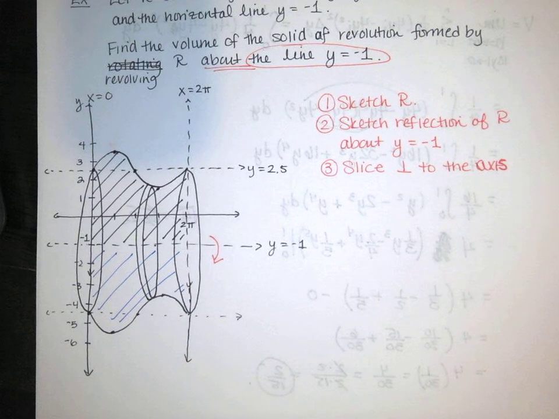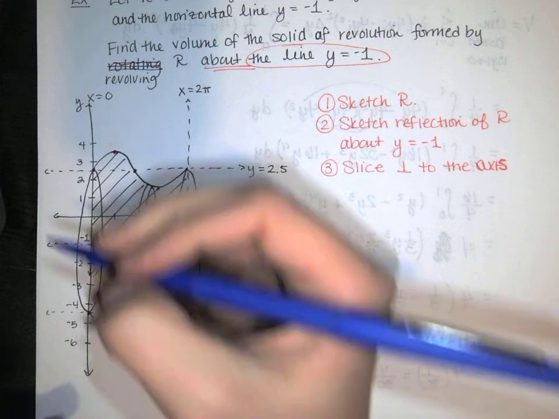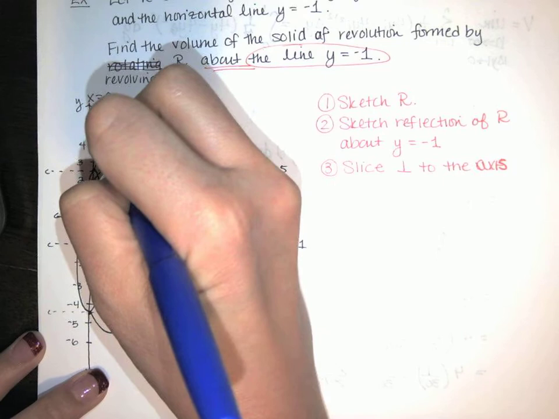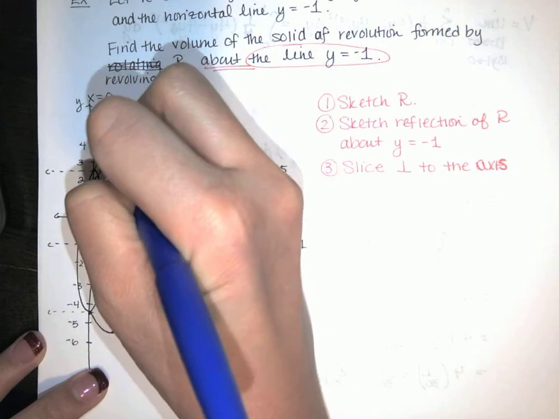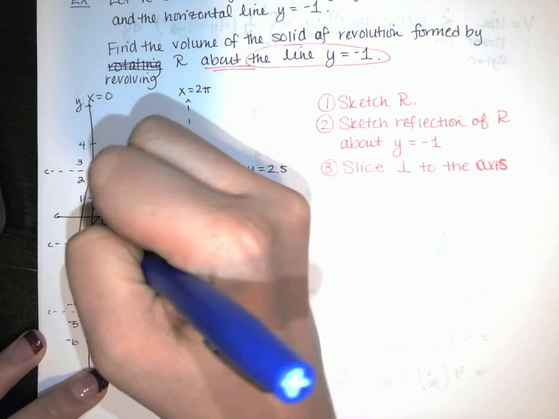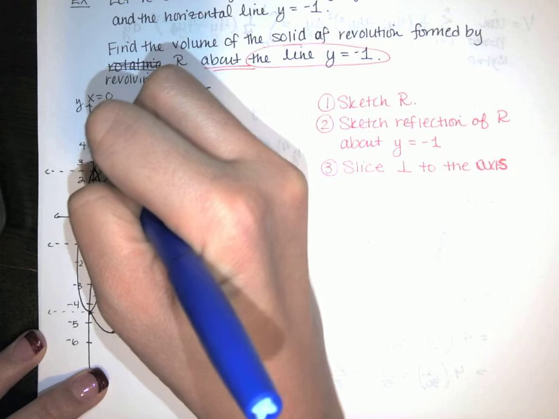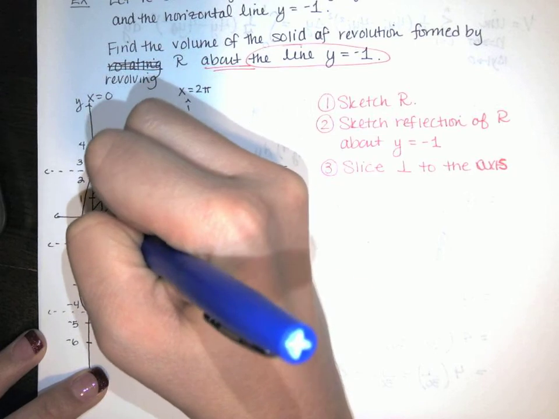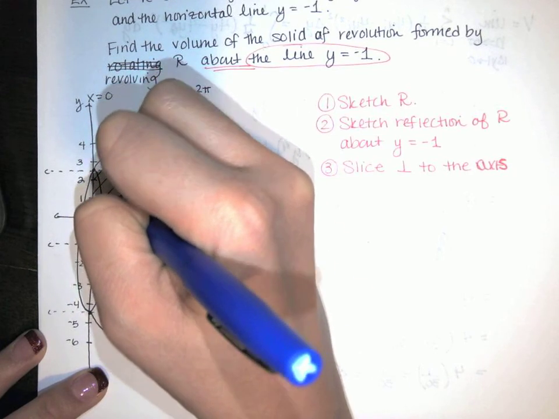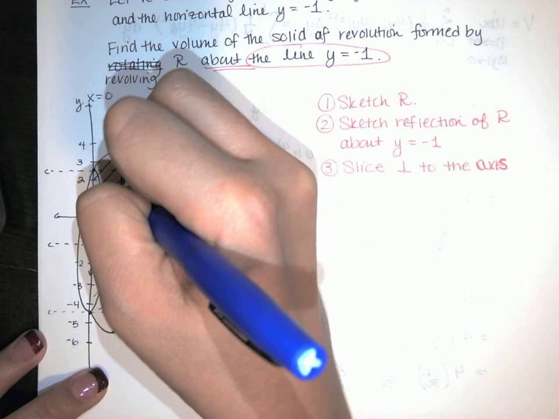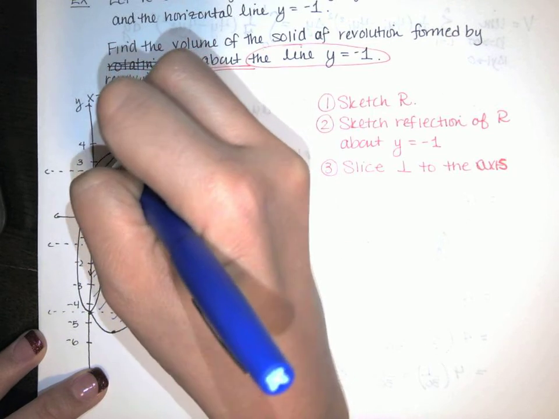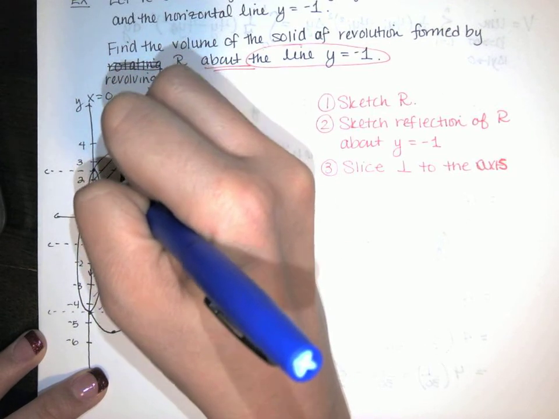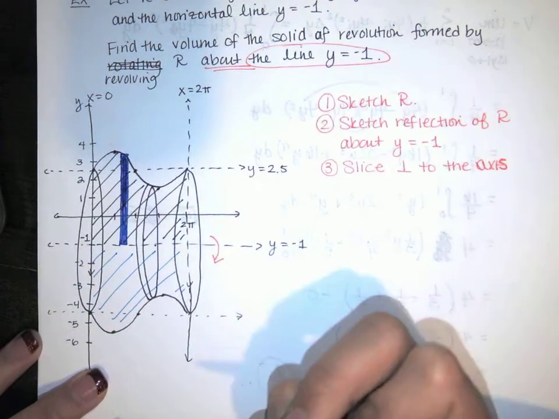Or if I prefer, instead of thinking of slicing the solid perpendicular to the axis, I can think of taking my original region. That's this region up here that was in black. And I am slicing that perpendicular to the axis. I'm forming that representative rectangle. Remember that guy? So there's my representative rectangle.